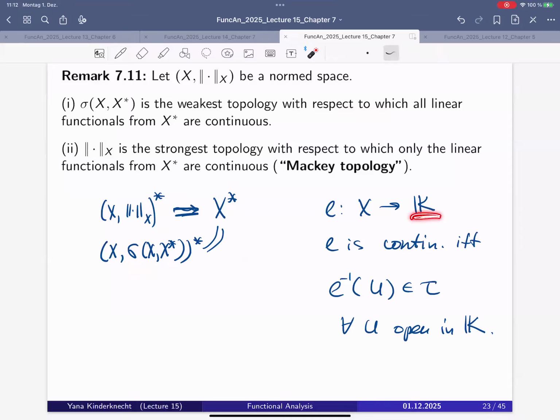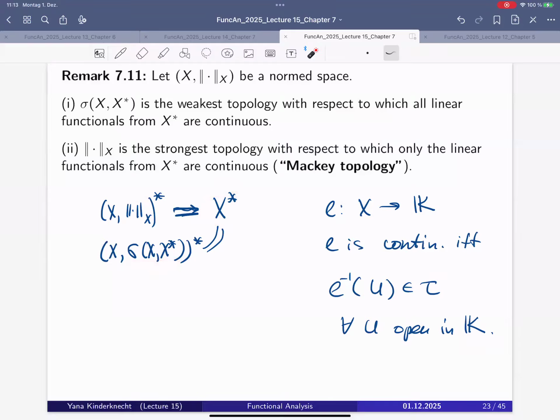This is real or complex numbers. There is a topology, the standard topology. So the bigger tau is here, the easier it is for a linear functional to be continuous. So the strongest topology, the biggest topological dual; the weaker the topology, the smaller the topological dual.